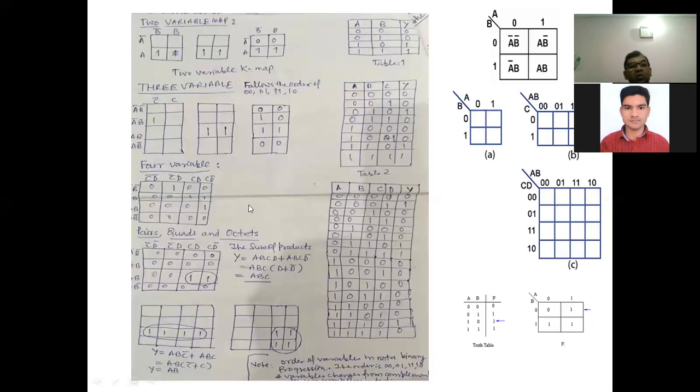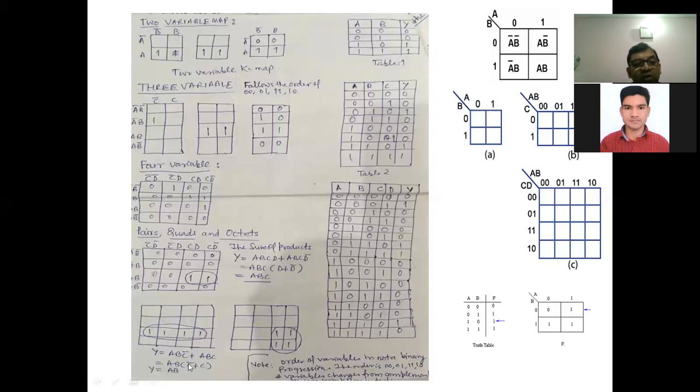Now let us see how a K-map is solved. For example, if we take this K-map, then the value of y is equal to a b c bar plus a b c, which can be further reduced as a b times c bar plus c, and this will be 1.